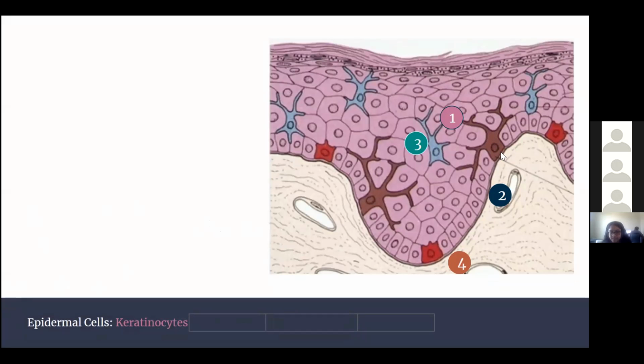It's over here. Melanocytes? Is it Langerhans cells?